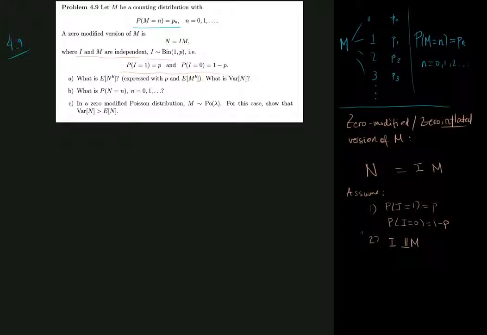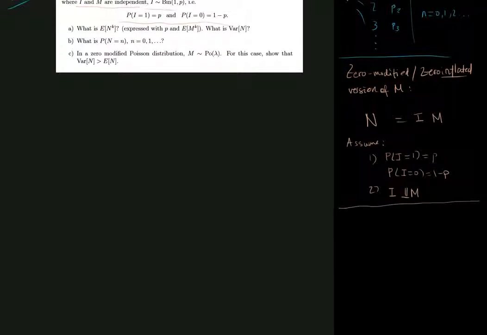Before we get started, let's recall a few results that we have about independent stochastic variables. First and foremost, note that if x and y are independent, then a function of x will also be independent with any function of y.